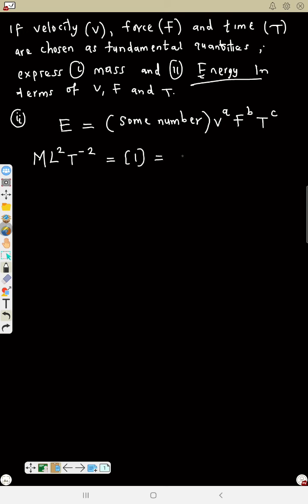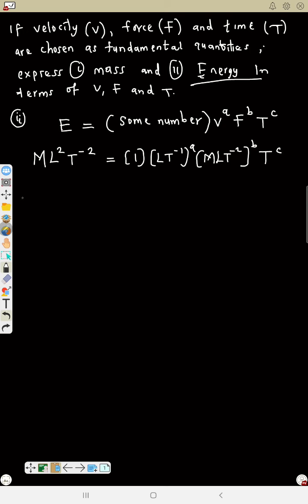Which is equal to v, that is l t raised to power minus 1, raised to power a, the same way as the previous one. m l t raised to power minus 2, then raised to power b, then t raised to power c.